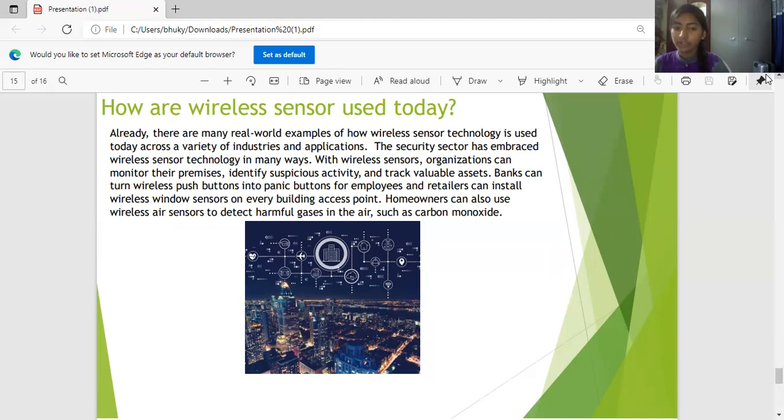The security sector has embraced wireless sensor technology in many ways. With wireless sensors, organizations can monitor their premises, identify suspicious activity, and track valuable assets. Homeowners can also use wireless sensors to detect harmful gases in the air, such as carbon monoxide.